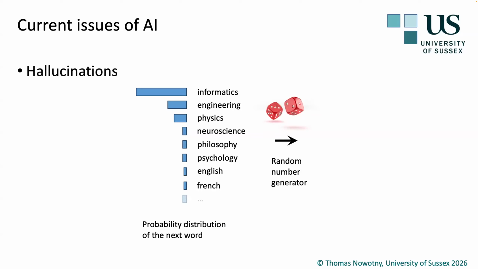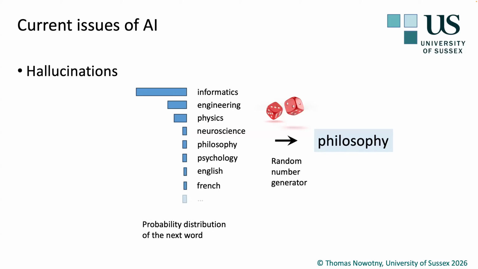That means that in this probability distribution, there is a chance that we will pick philosophy rather than informatics, right? Because it's non-zero. Any of these that are non-zero, in an unlikely case, will eventually sometimes be picked. And that means wrong answers will be picked some of the time.